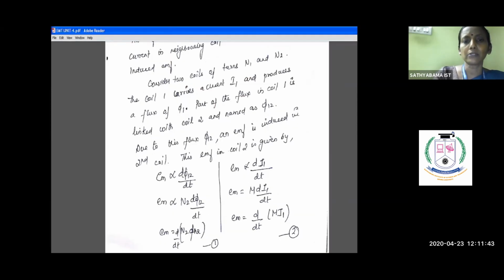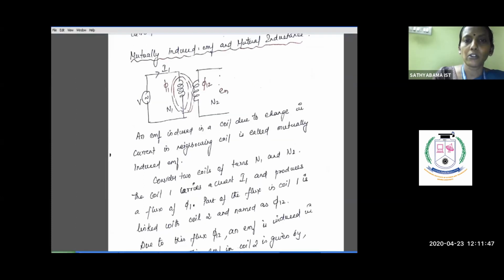Coming back to the equation, EM is proportional to the flux produced in the secondary coil, phi12. The definition of mutually induced EMF is the EMF induced in a coil due to change in current in the neighboring coil. That is, the EMF induced in the second coil due to change in current in the first coil, and vice versa.